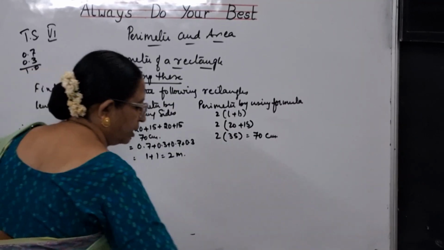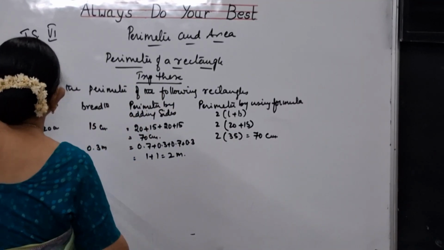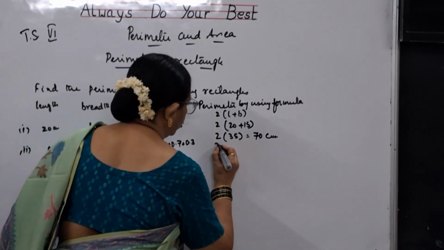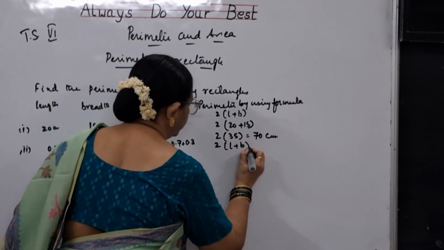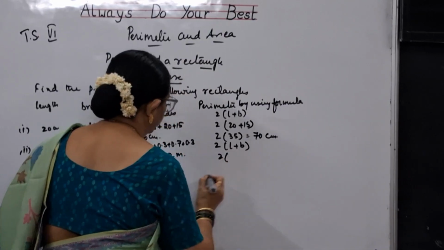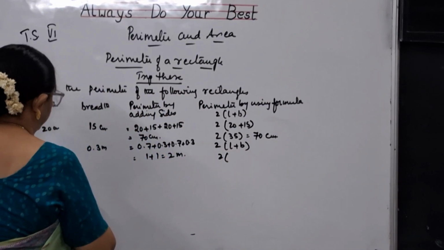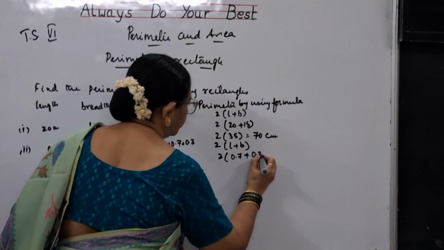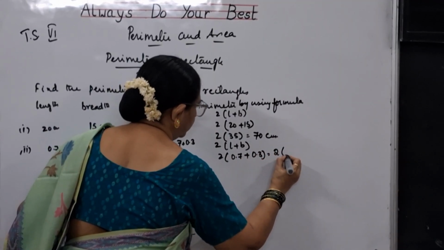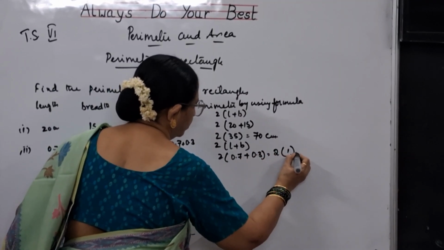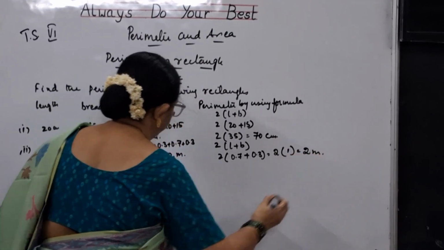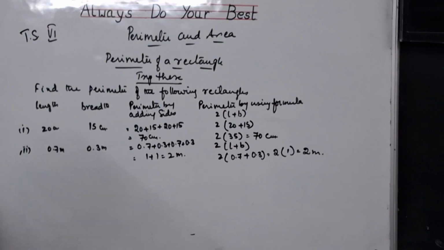This is how you are getting 2 meters here, the perimeter. The same thing, if you use the formula 2 into (L plus B), that is 2 into (0.7 plus 0.3), that is 2 into 1, 2 meters. So in both the cases you are getting the same answer.